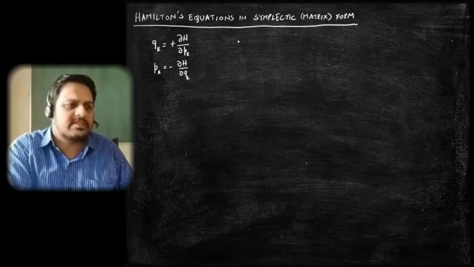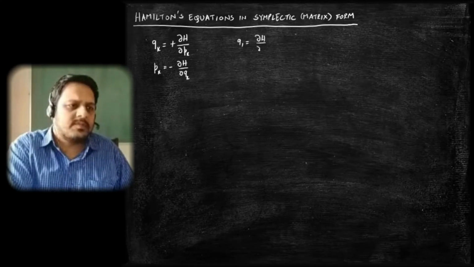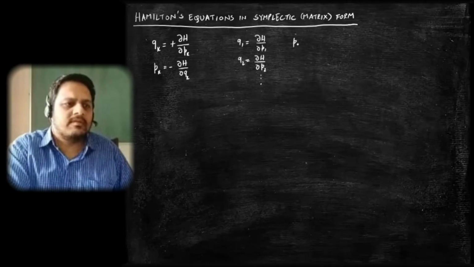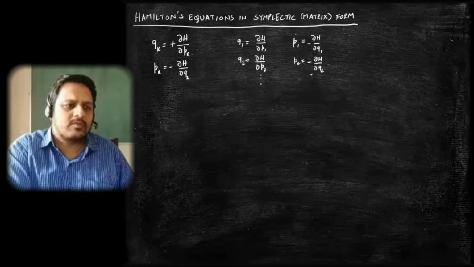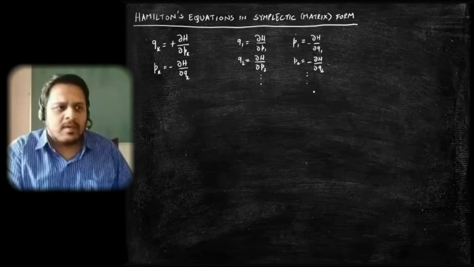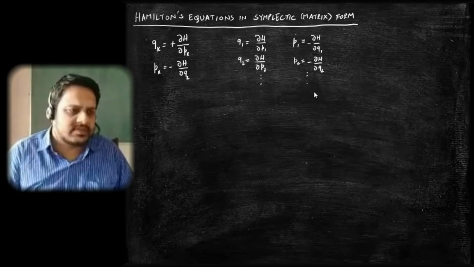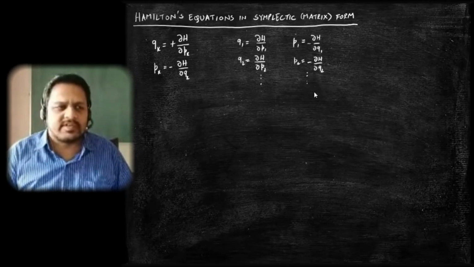So basically, this is a collection of equations. q1 dot is equal to ∂H/∂p1, q2 dot is equal to ∂H/∂p2, etc. Similarly, the next set of equations is p1 dot is equal to minus ∂H/∂q1, p2 dot is equal to minus ∂H/∂q2, etc. There are n such equations in both the cases. So the total number of equations is 2n.